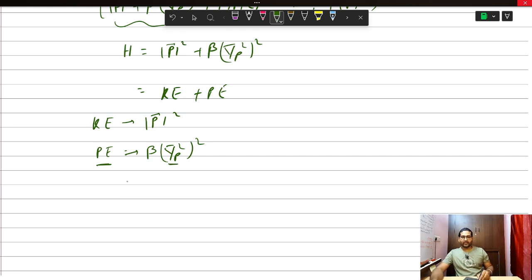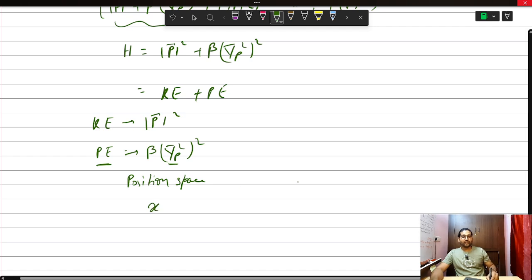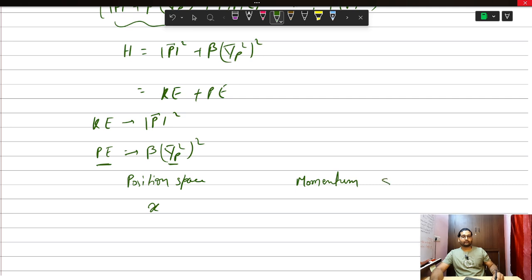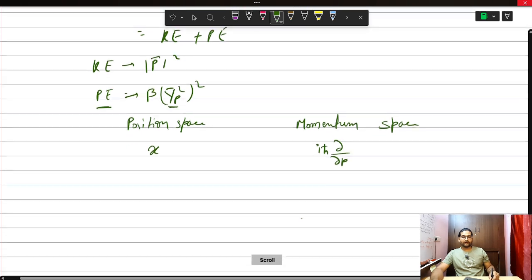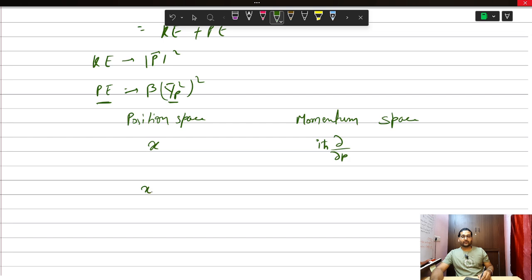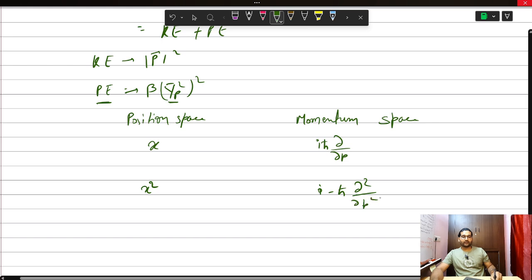In position space we write position as x, and in momentum space the same position is represented by i h cut del upon del p. So what would x squared be? This will be minus h cut squared del squared upon del p squared.